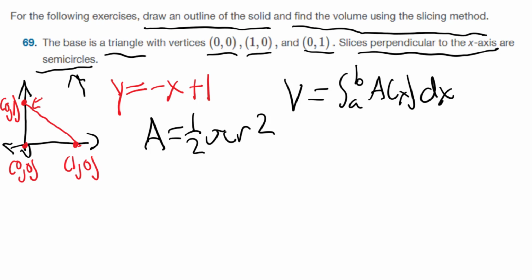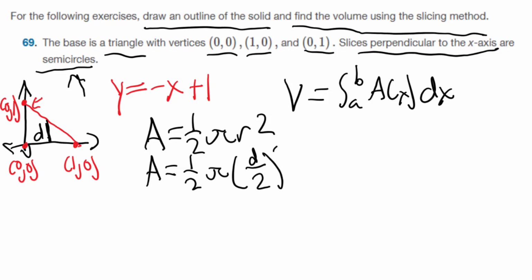We can see that this side is more like the diameter, so to find the radius we'll need to do 1/2 the diameter, which means area is equal to 1/2 pi times (d over 2) squared. We can factor out the 2 by squaring it. We can say area is equal to 1/2 times 1/4, which is equal to 1/8 times pi d squared.